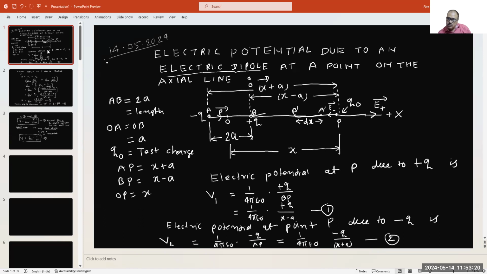Whenever this test charge is brought from one point A dash to B dash by a distance dx, the total amount of work done in bringing the test charge from A dash to B dash decides the potential at any point on the axial line. That point must be within the field of the charge of the dipole.